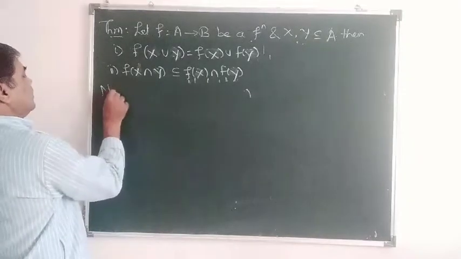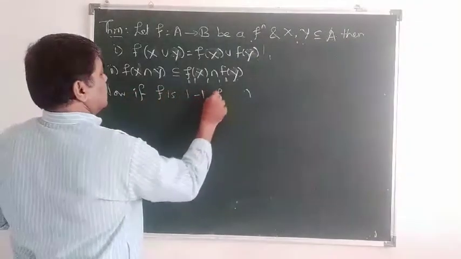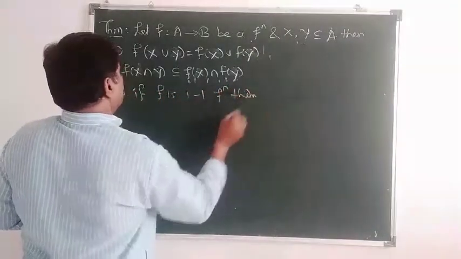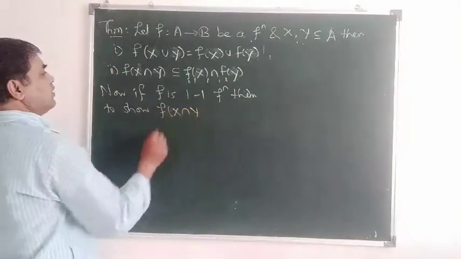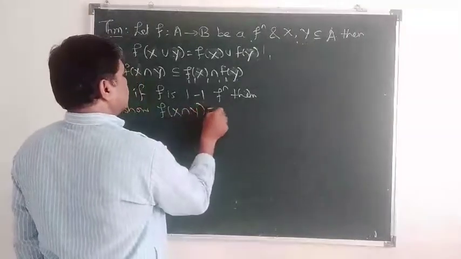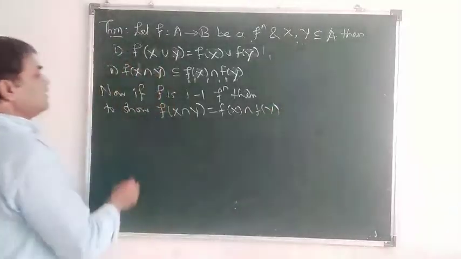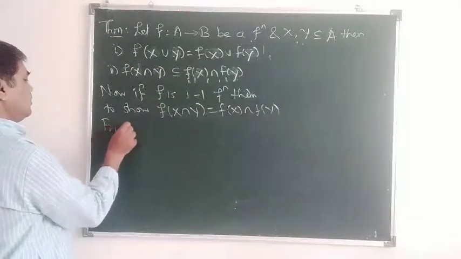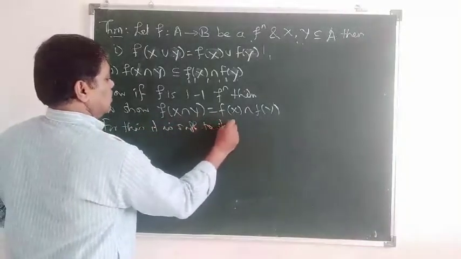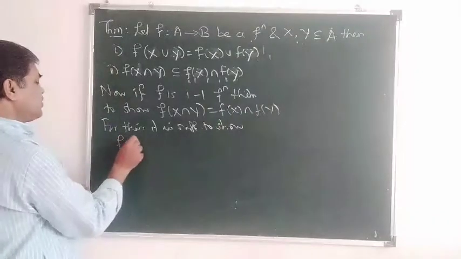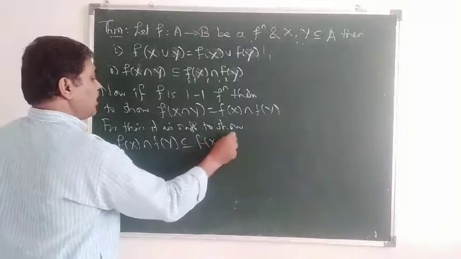Now, if f is a 1-1 function, then to show f of x intersection y is equal to f of x intersection f of y, it is sufficient to show f of x intersection f of y is a subset of f of x intersection y.